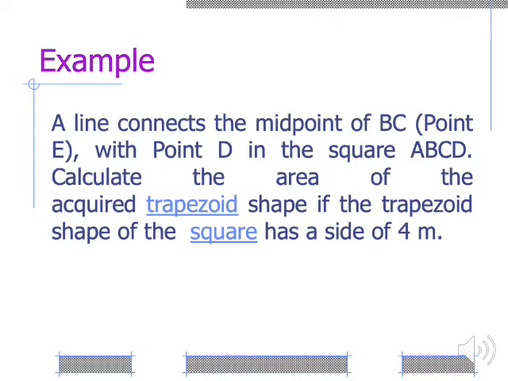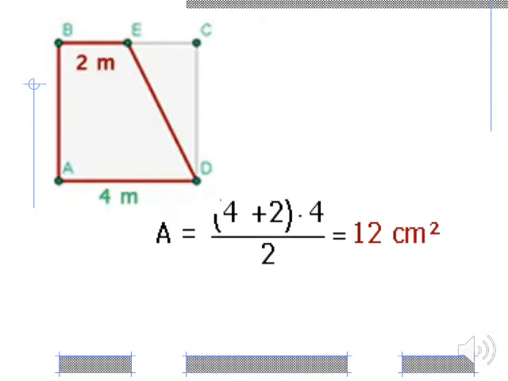Okay, so remember that there is a line that connects the midpoint of BC to the point D. So if we are going to illustrate it, it looks like this. So we have a square ABCD, and the midpoint of BC is point E. So meaning to say the midpoint is 2 meters if the side is 4, and if it is a midpoint, it divides the side exactly into 2 congruent parts.